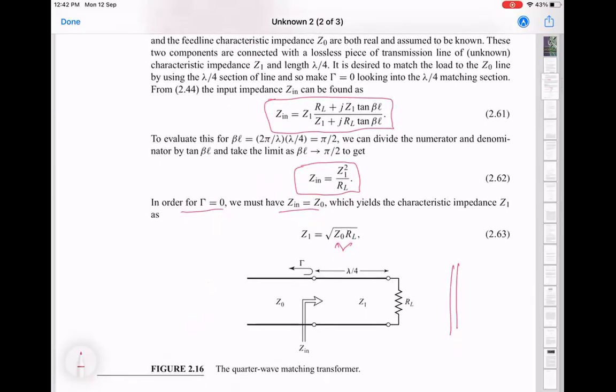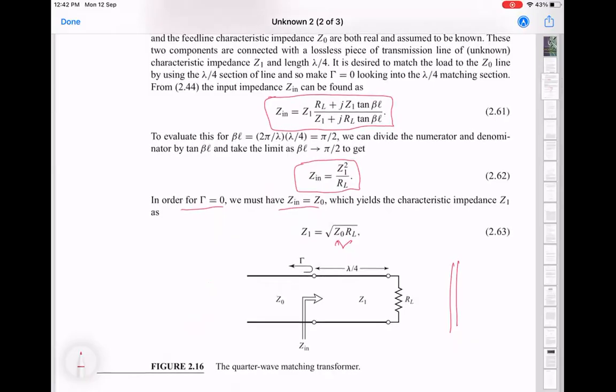So here, one thing to remember is that because you have matched Z0 to Z in, which is the input impedance at this point, and that's the combined impedance of the load and the transmission line Z1, there is no reflection, so gamma is 0. That's what the matching condition is here. So there are no reflected waves going in this direction.